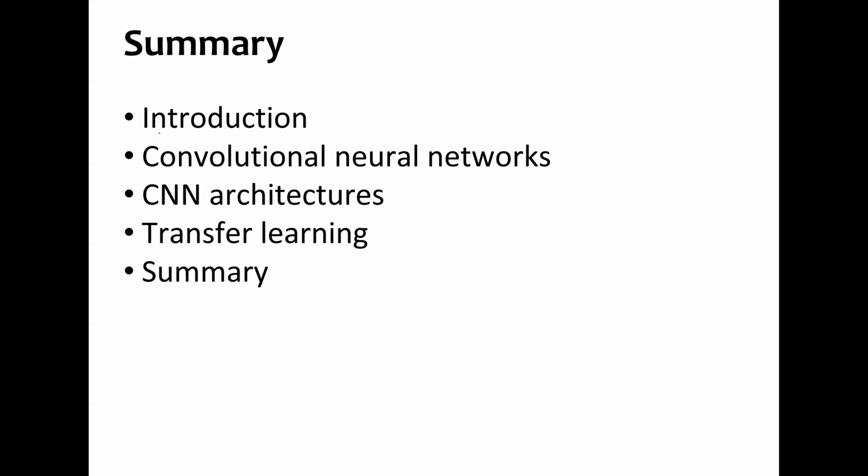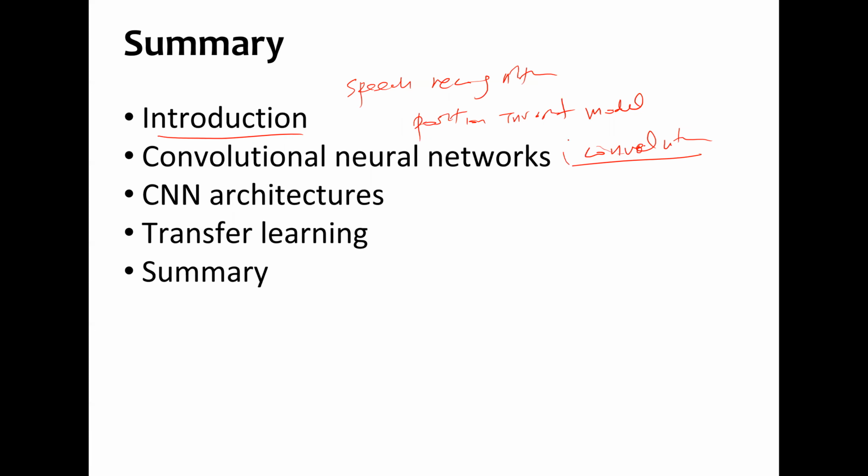Okay, let's summarize this session. In the beginning, we introduced the motivation by the speech recognition task. We wanted to find a position invariant model, and convolution was one of the best options to train a position invariant model.